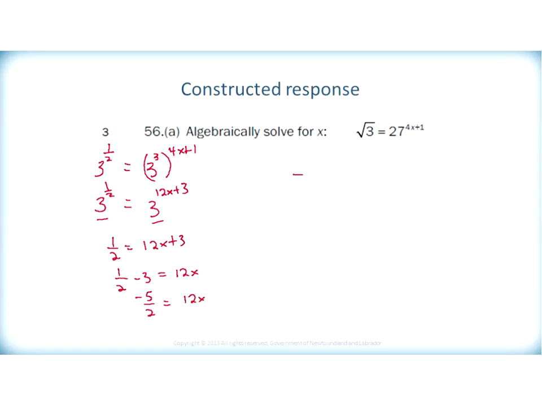And so negative 5 over 2 times 1/12 will equal x, or divide negative 5 over 2 by 12, and this will give us negative 5 over 24 will equal x. So once again, it is a common constructed response item to algebraically solve for x. We have to watch here for the radical, which turns into rational exponents, fractional exponents.